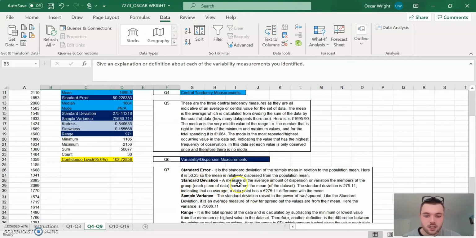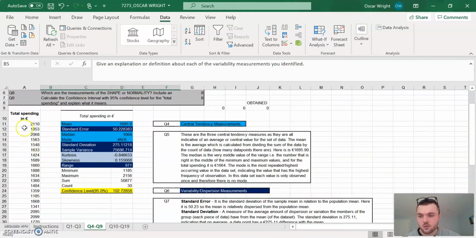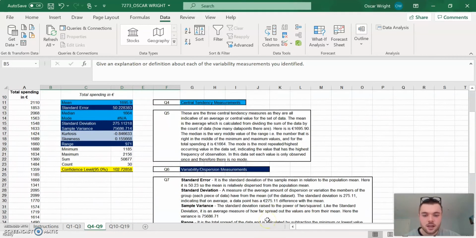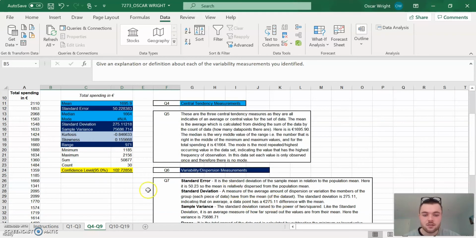The standard deviation is a measure of the average amount of dispersion or variation the members of the group, i.e. each piece of data, so the group is the whole data set, have from the mean of the data set. This is all in the sample, we're not talking about the population here.